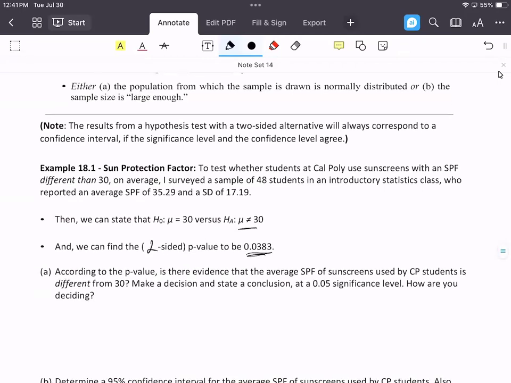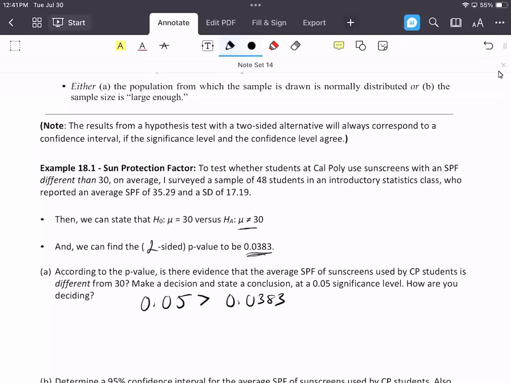According to the p-value, is there evidence that the average SPF used by Cal Poly students is different from 30? Make and state a conclusion at a 5% significance level. How am I deciding? I'm going to look at the significance level and I'm going to look at the p-value.